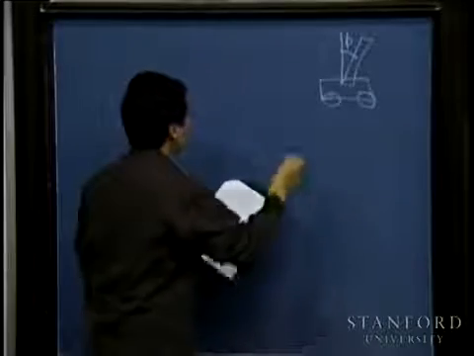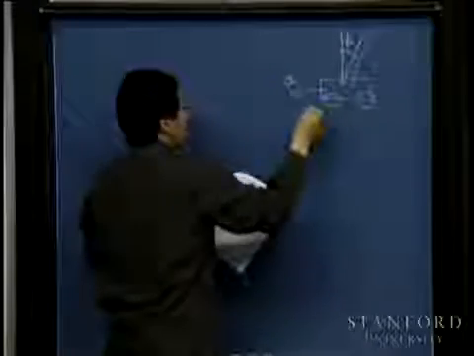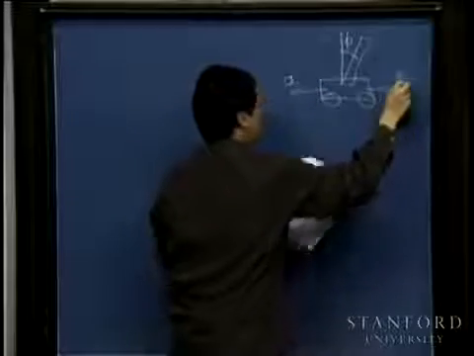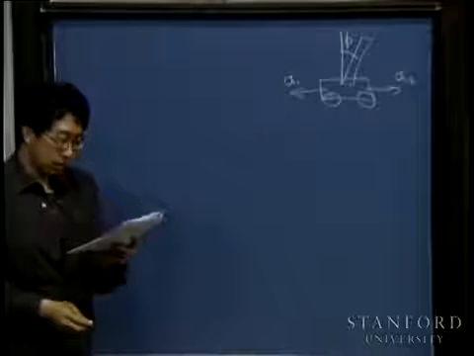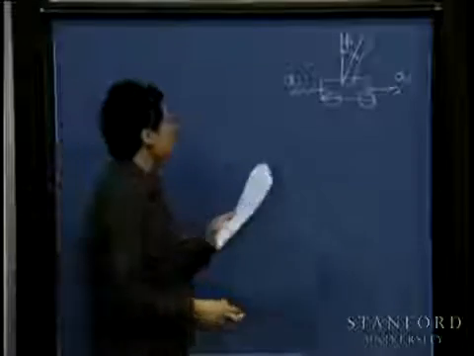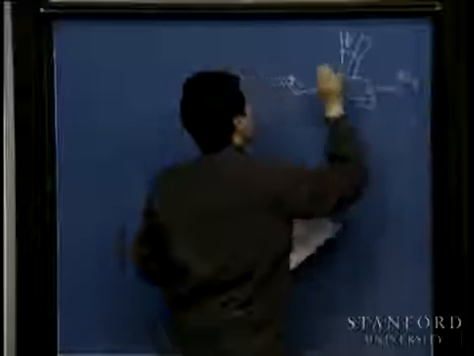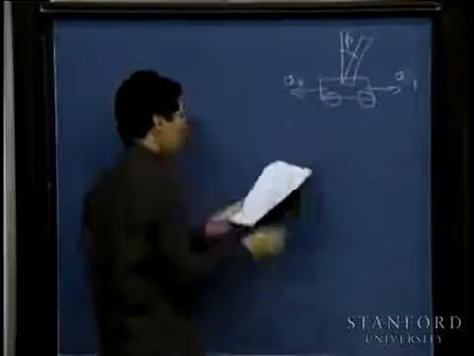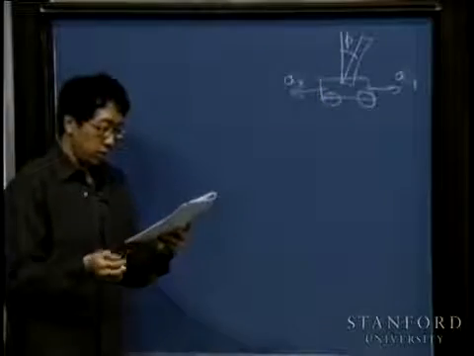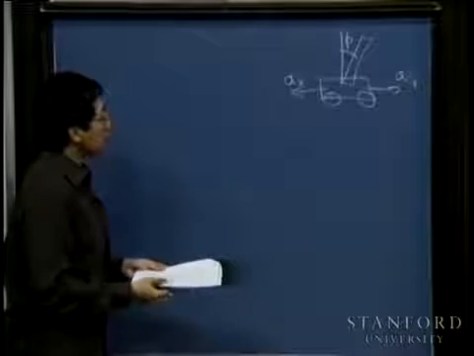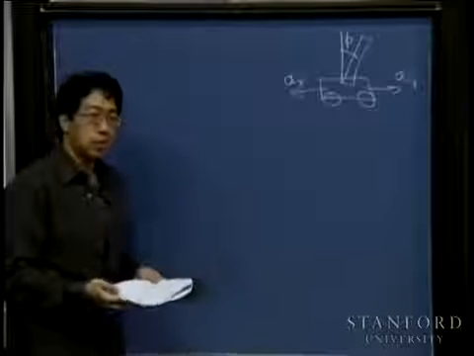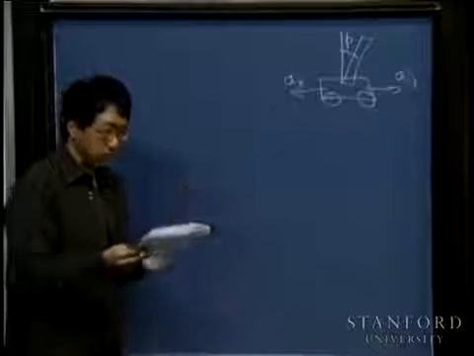And I have 2 actions where A1 is to accelerate left, and A2 is to accelerate right. Oh, actually, sorry, let's write that the other way around. A1 is to accelerate right, A2 is to accelerate left. Choose a reward function that penalizes the pole falling over.